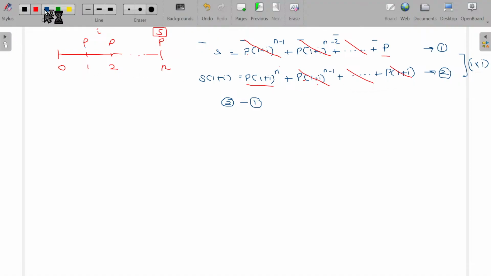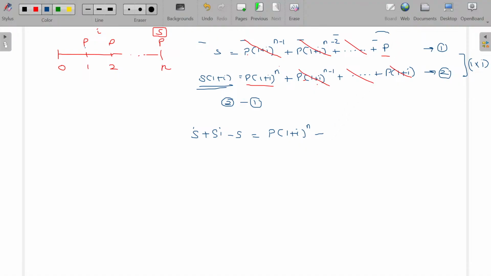Now, finally the value being, I multiply this inside S plus Si. Am I right? If I multiply S inside S plus I, and minus S is going to be subtracted from the equation number 1, should be equivalent to first term of the second equation, 1p into 1 plus I to the power n.